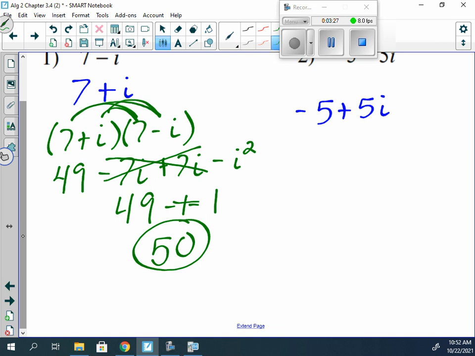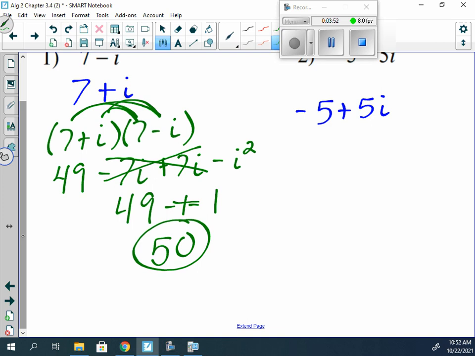I mean, the conjugate is just 7 plus i. If we multiply the two together, we get 50, yes? So do we have to have that? If it asks for both, then yes. But that's kind of interesting because if I multiply them together, what happened to i? It simplified out, didn't it?